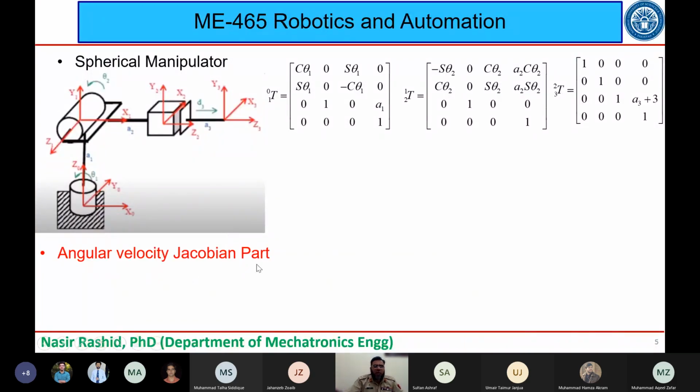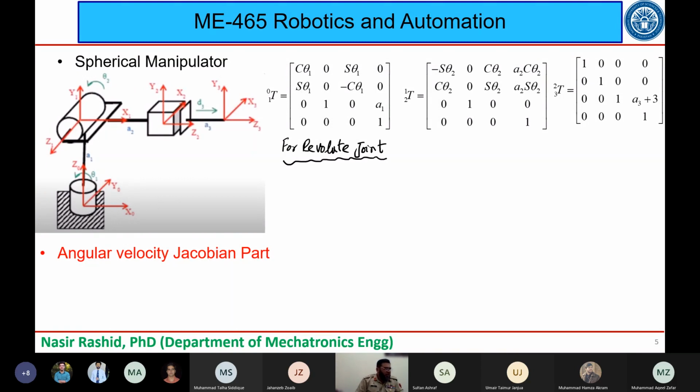Now I'm going to talk about the angular velocity of the Jacobian part, but now that will be about revolute joints. Now this is for revolute joint. Okay. Now for the revolute joint, since I have these transformation matrices in front of me, I will utilize them and then I am going to talk about this.